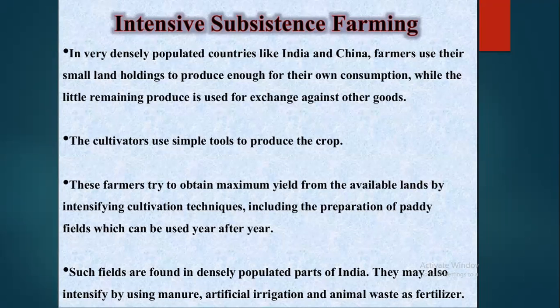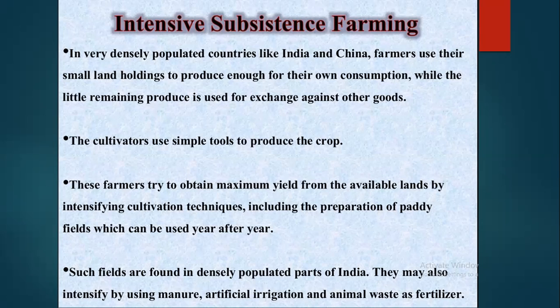Preparation of paddy fields which can be used year after year, because they know that their family is dependent upon this particular land holding. So they try to obtain the maximum from that land, and they grow that type of crop which can be used year after year. This type of fields are found in densely populated parts of India.